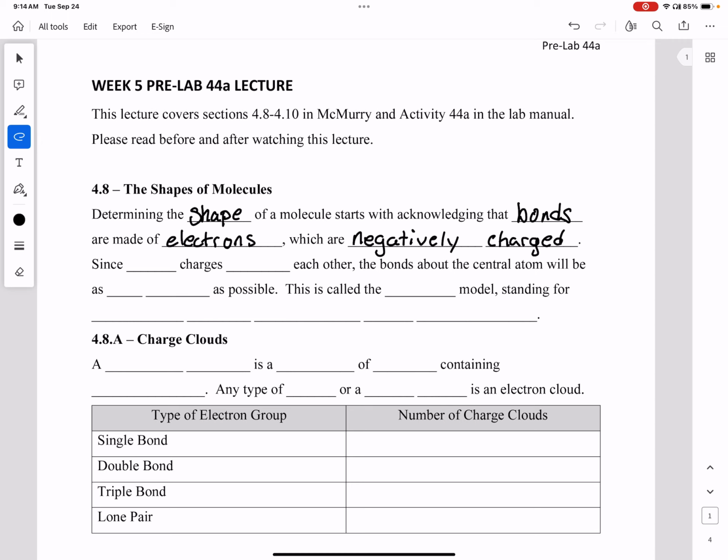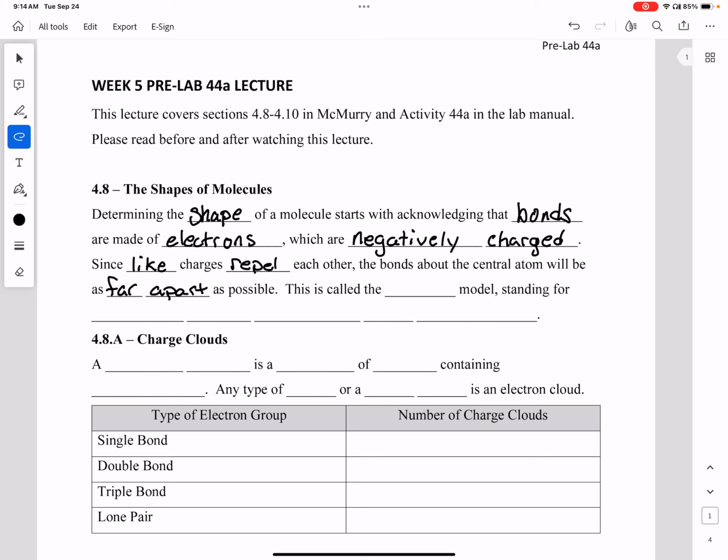And since like charges will repel each other, the bonds about the central atom are going to be as far apart as possible. They're all pushing away on each other as much as possible.